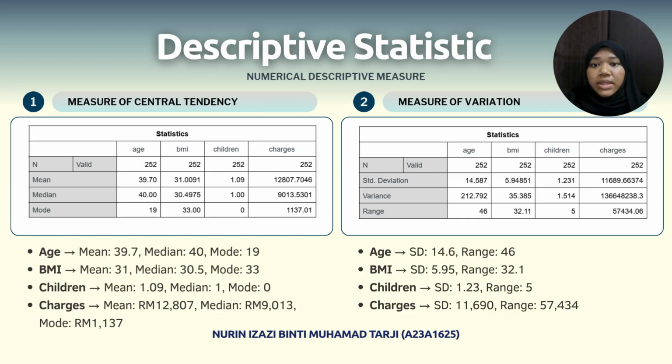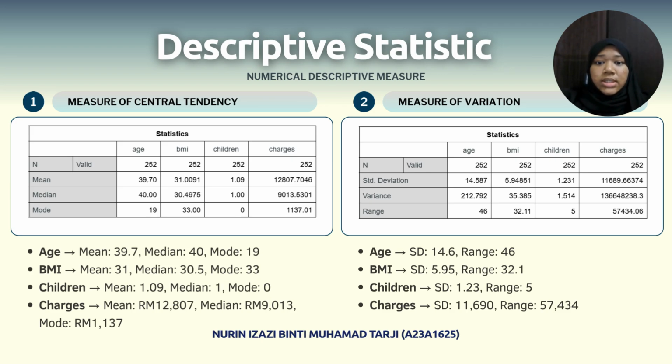For the next part is measure of variation. For age, the spread is quite wide, about 46 years difference between youngest and oldest. This shows our sample is diverse. For BMI, the variation is moderate. Most people are close to the average, but there are some outliers at both ends.